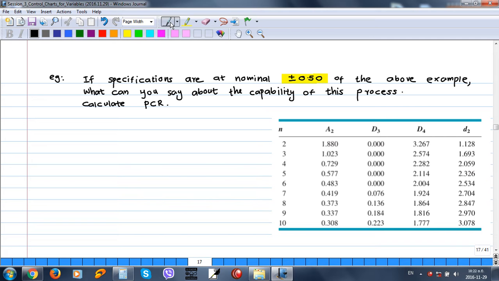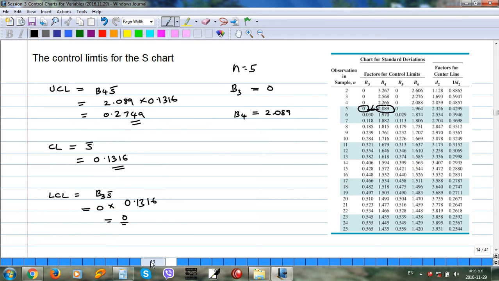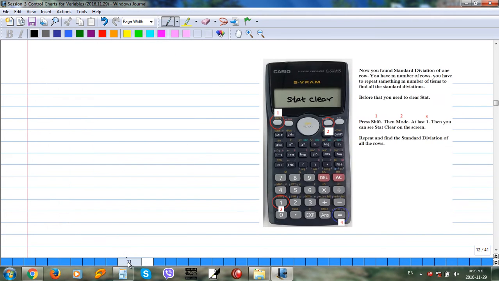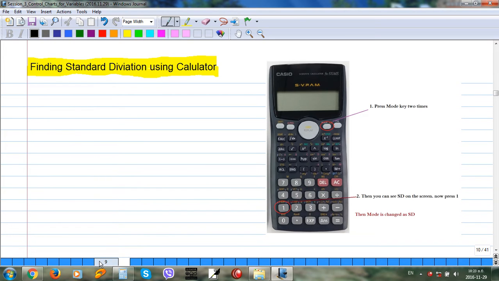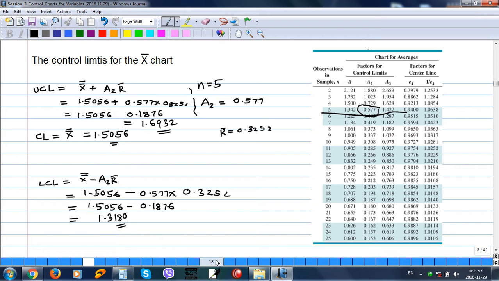Then you know the x double bar we found earlier. We are dealing with the specification limits with x double bar. Where is the value of x double bar? Here, 1.5056.